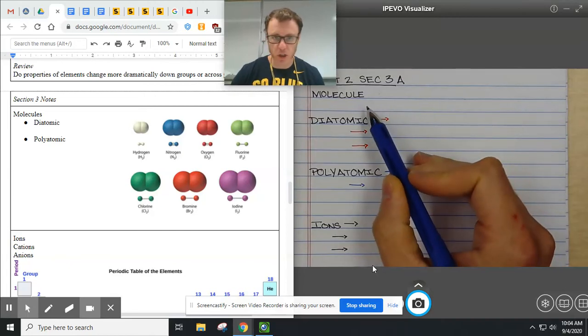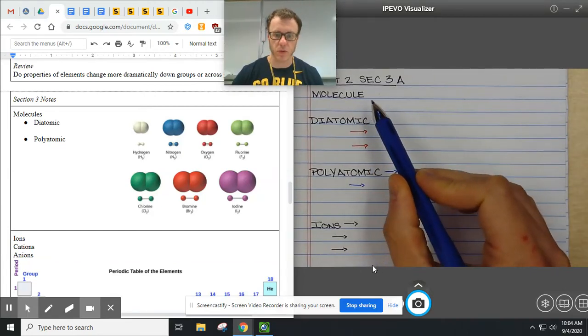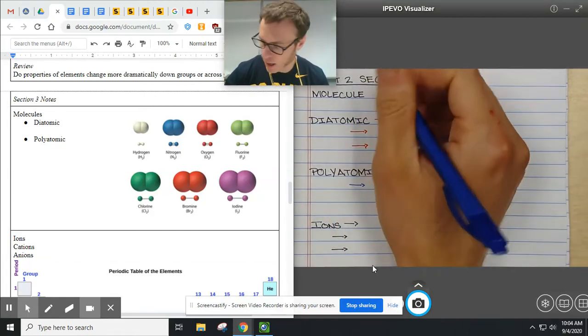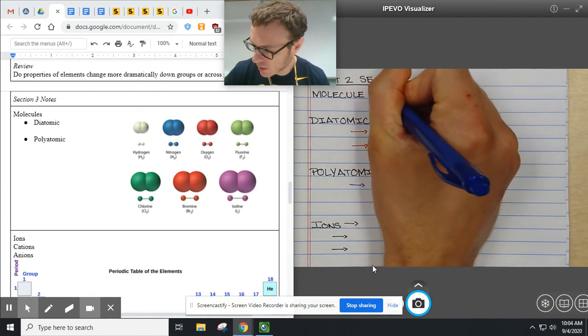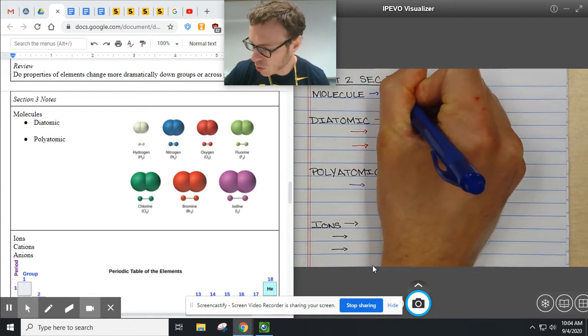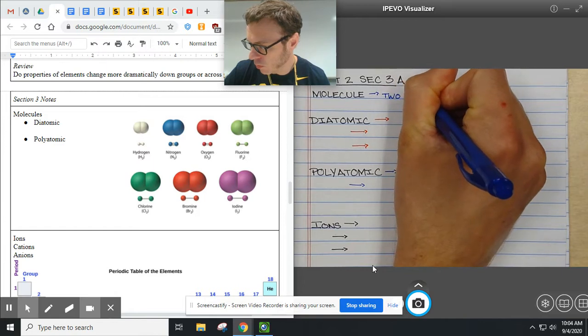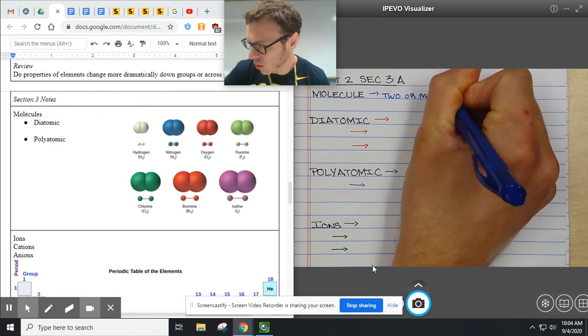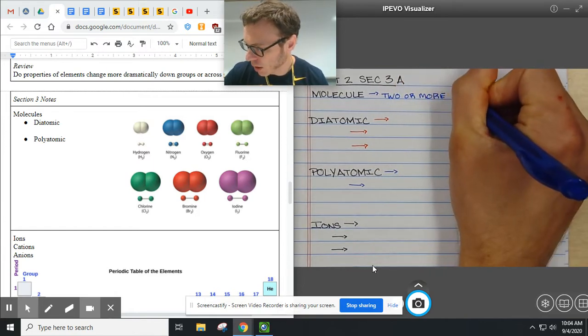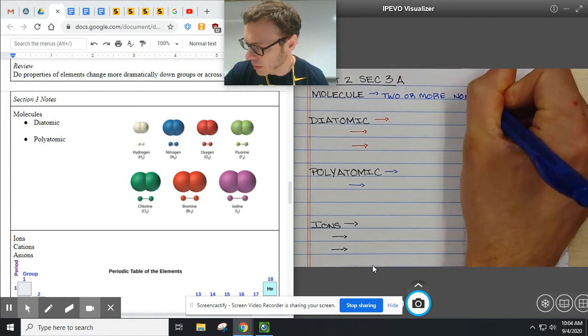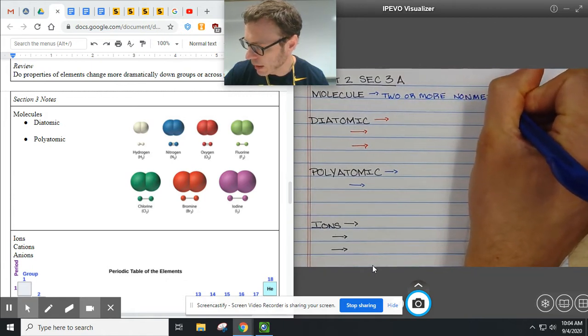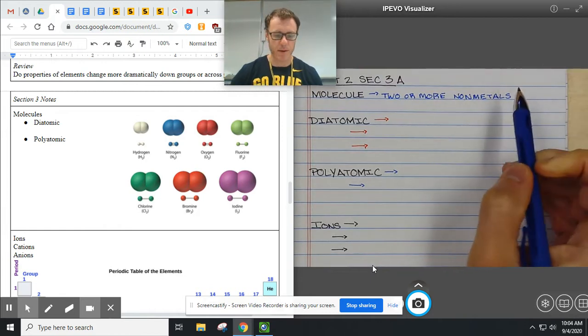All right, guys, here we're going to start talking about combinations of atoms. So we're going to start with molecules. This is two or more nonmetals. Now, metalloids can be part of this. But I probably should have written "not metals."